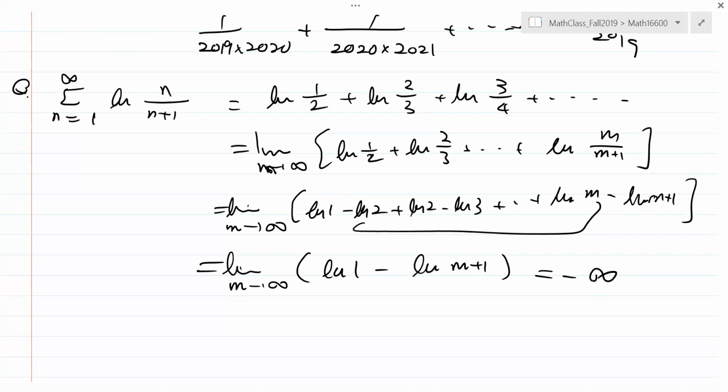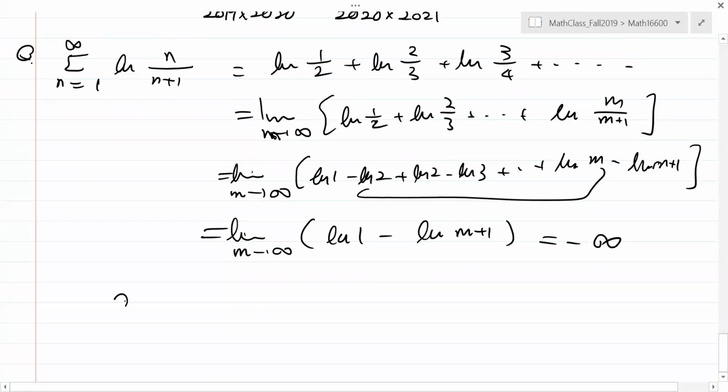Now, each term, the nth term, approaches natural log of 1. It's going to be 0. Okay, each term approaches 0.